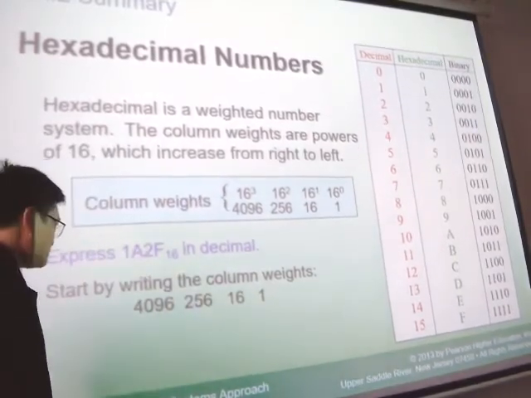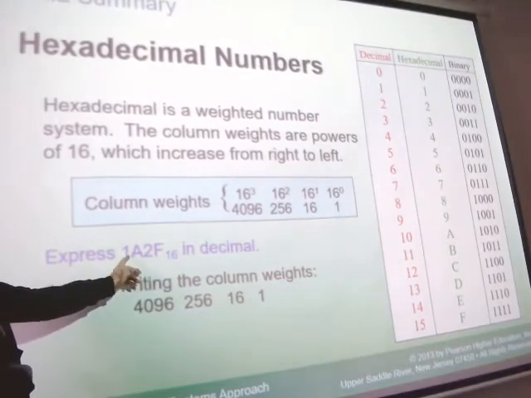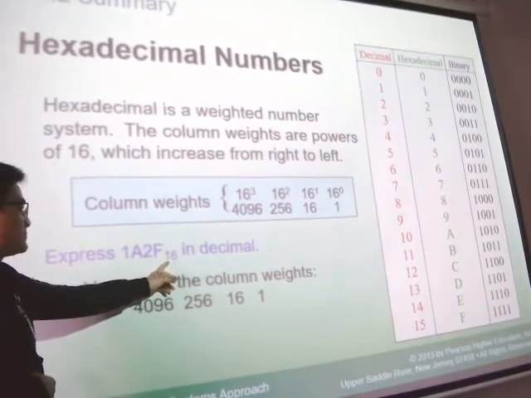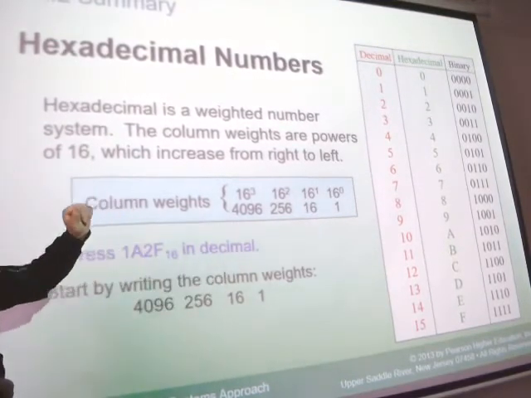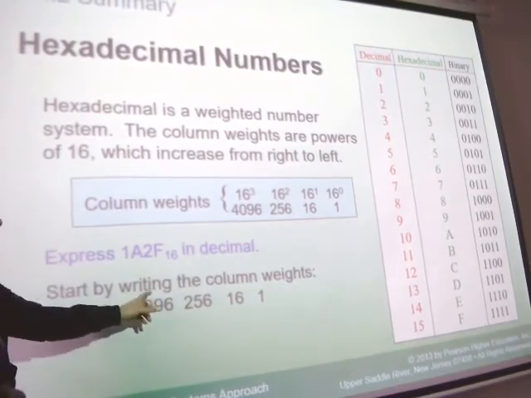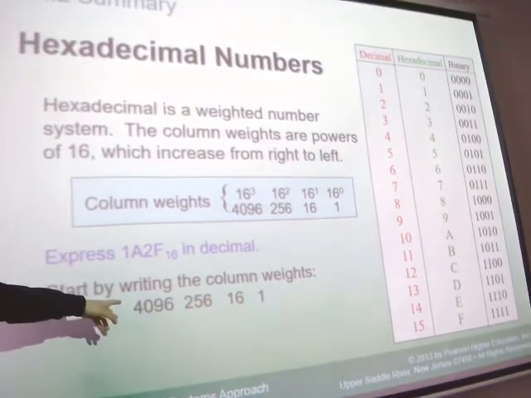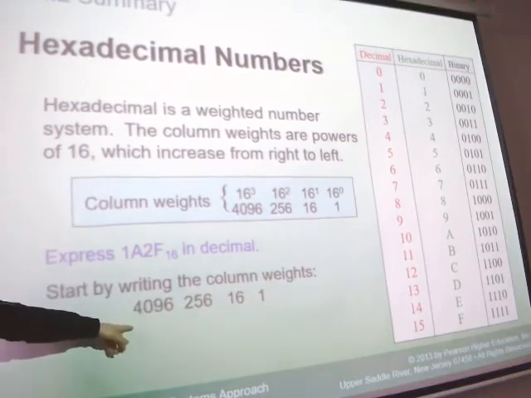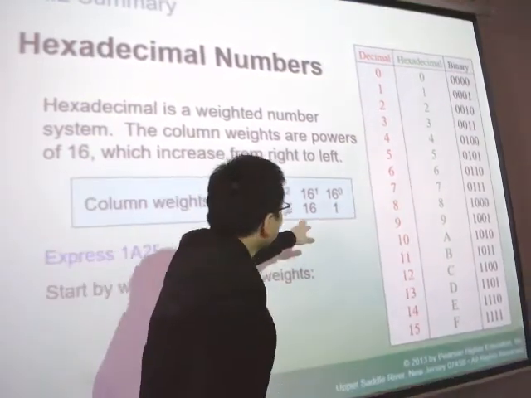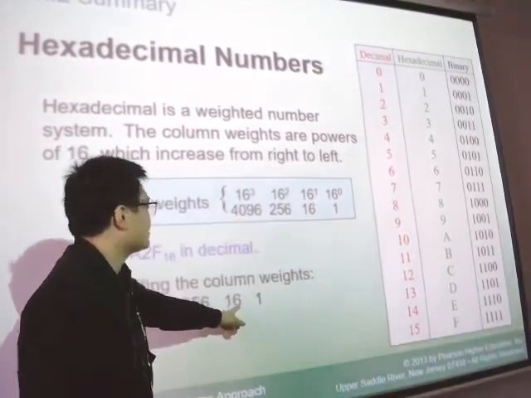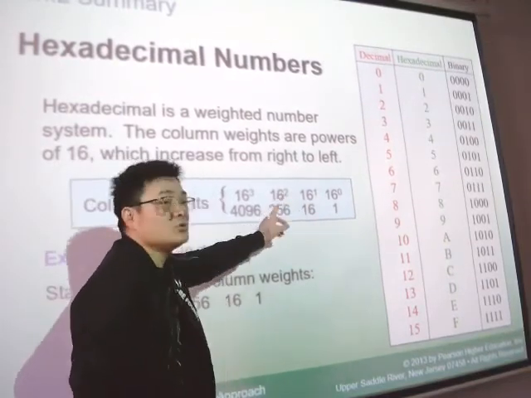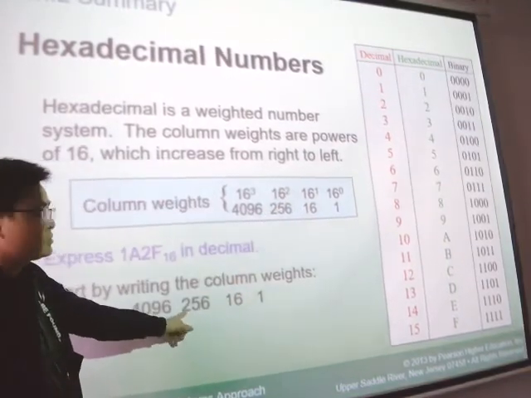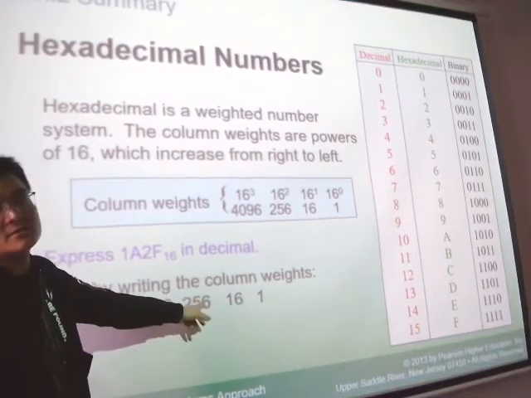So, if we want to convert 1A2F to decimal, we should start by writing the column weights. 16^1 is 16. 16^2 is 256.